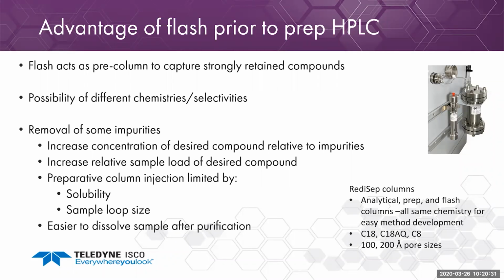It offers different selectivities, in other words, the flash column might be different from your prep HPLC column, and that allows potentially a different order of elution of your peptide with respect to impurities, which could improve the resolution of your compound on your prep system or improve the impurity.